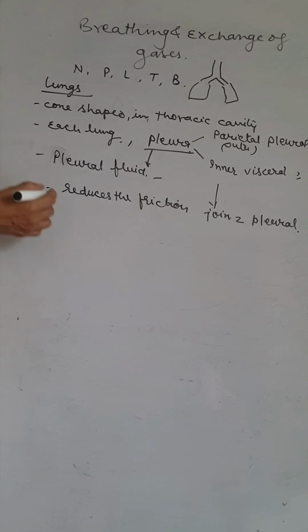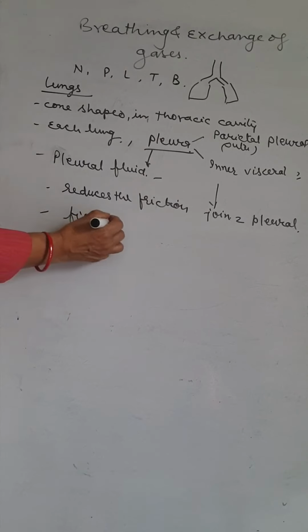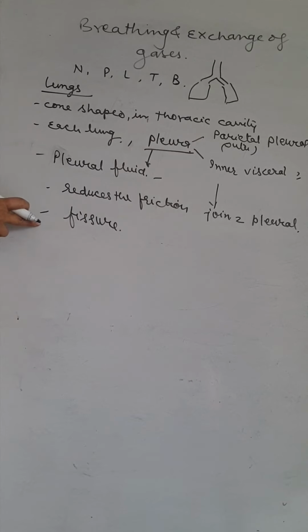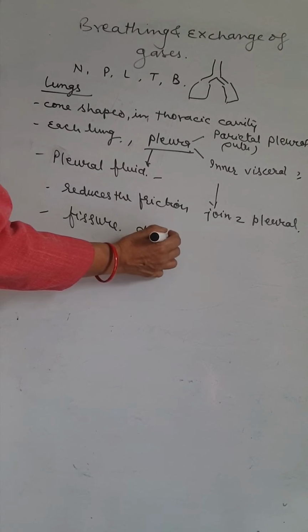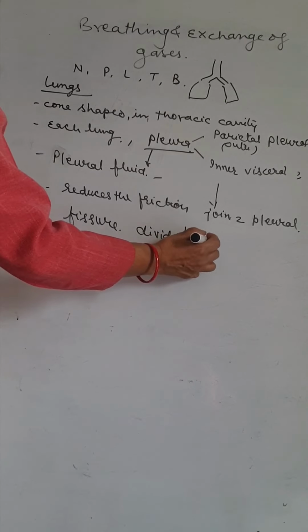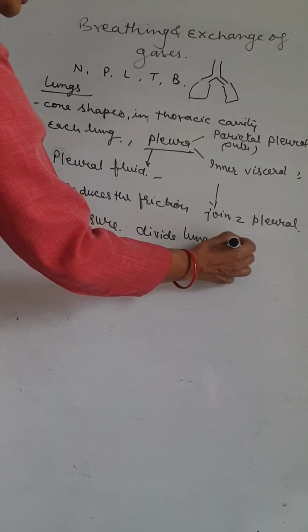Each lung has one or two fissures, or partitions, that divide the lung into lobes.